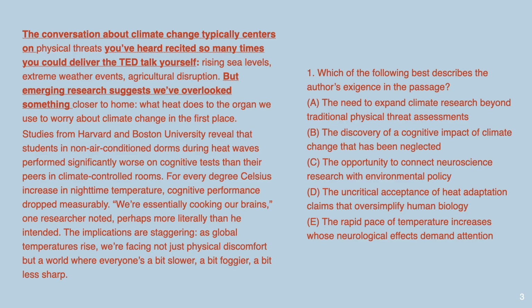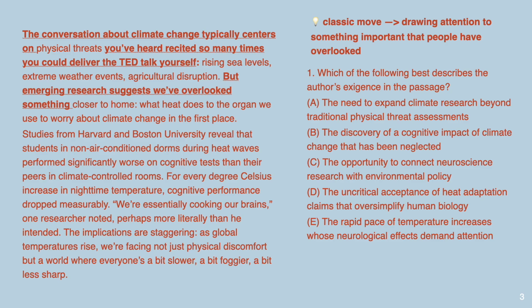The key lies in the structure of the first paragraph. "The conversation about climate change typically centers, but emerging research suggests we've overlooked." This is a classic move authors use to justify their writing, drawing attention to something important that people have overlooked.